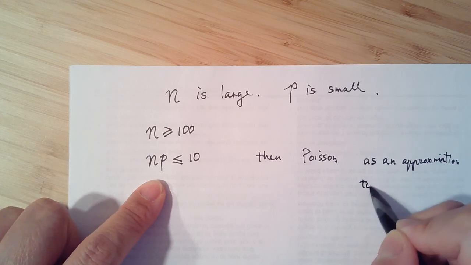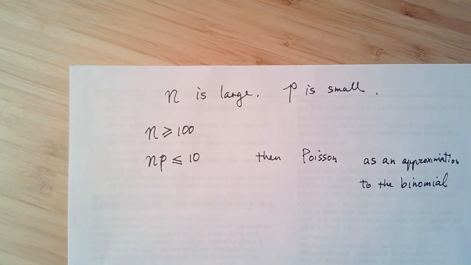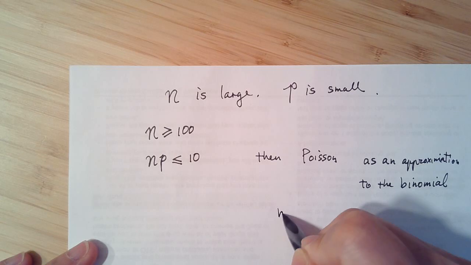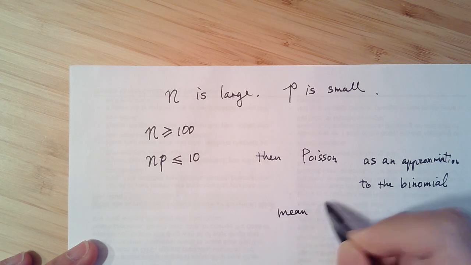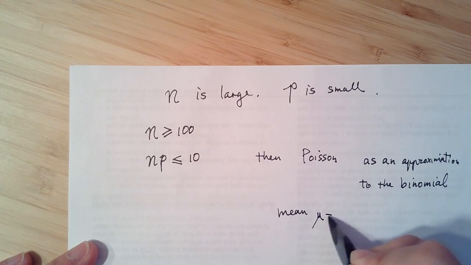What does that mean? For Poisson, we need to know the mean. That will be just np, and it has to be less than or equal to 10. How do we use this?